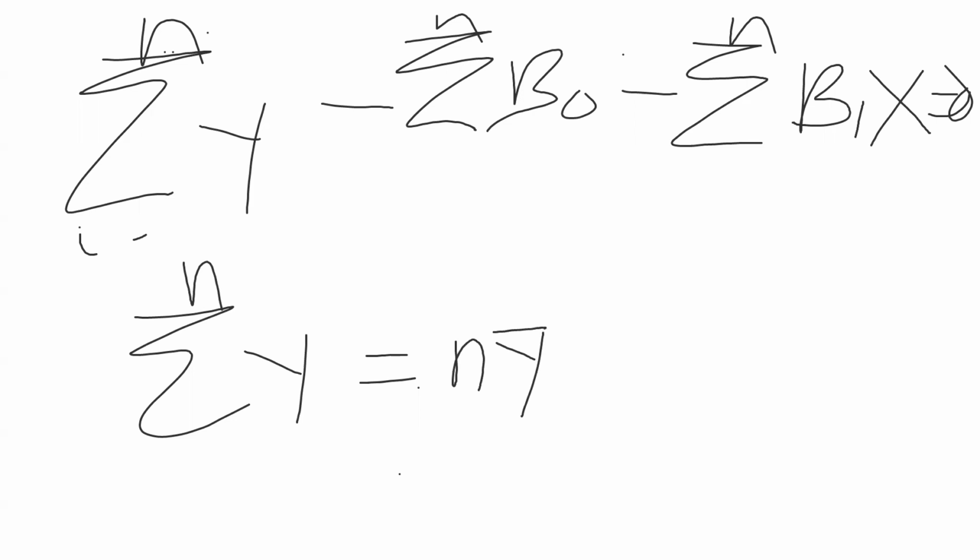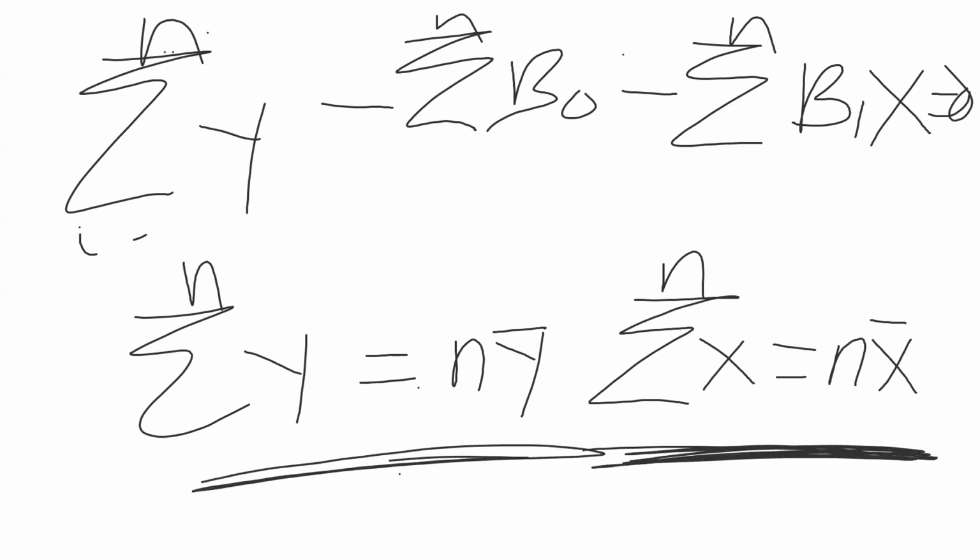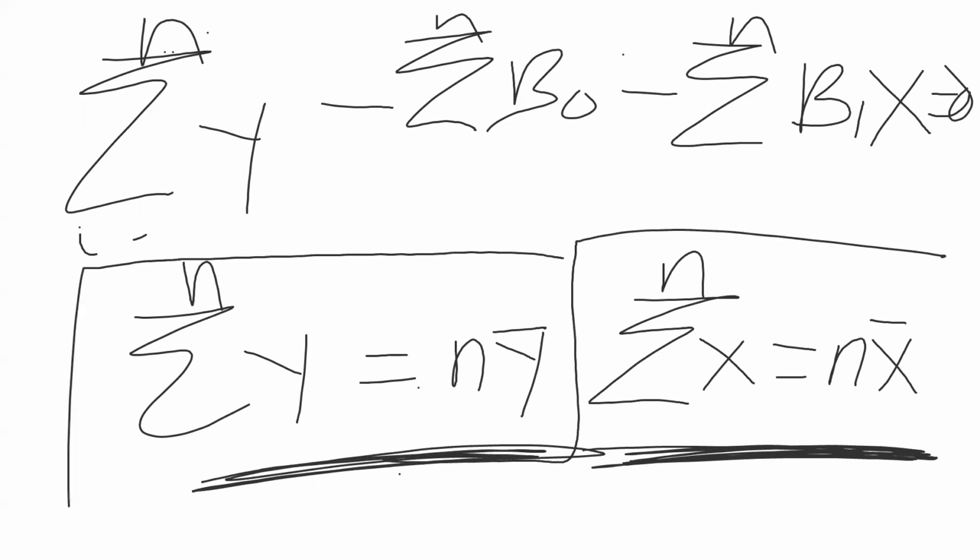Or the summation of n x shall be equal to n x bar. That will help us even in the long run where we're going. Very, very important, these two. You've gotten it?